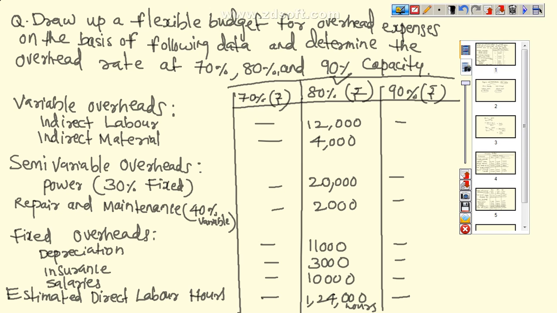Now we have to calculate according to the question. It is written here, determine the overhead rate. So we have to calculate the overhead rate. Here it is given estimated direct labor hours. So for 80% capacity it is 1,24,000 hours. So we have to calculate for 70% as well as 90% capacity.